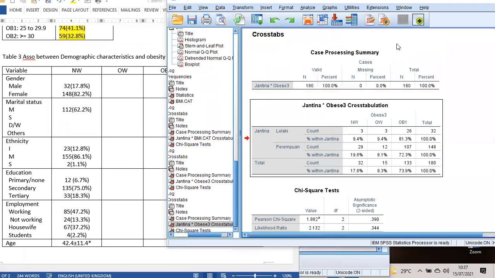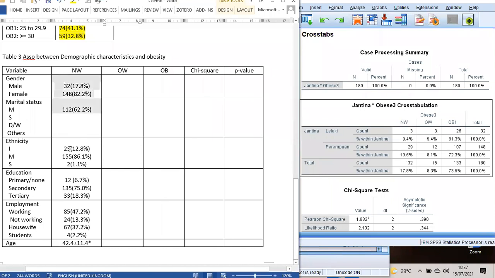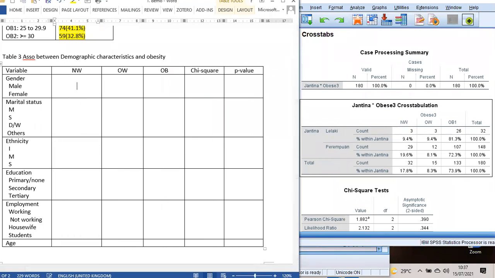Okay, for gender, male, how many are normal weight? 3, how many percent? 9.4%. Next, female is 29, 19.6%.